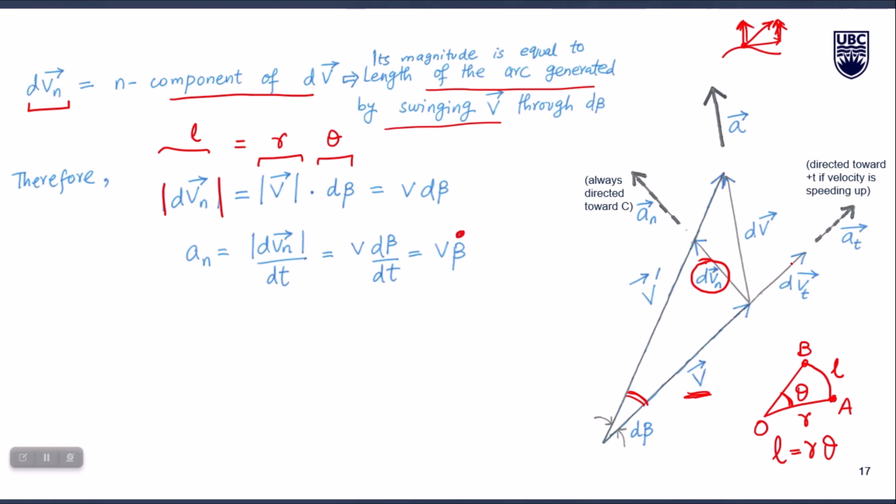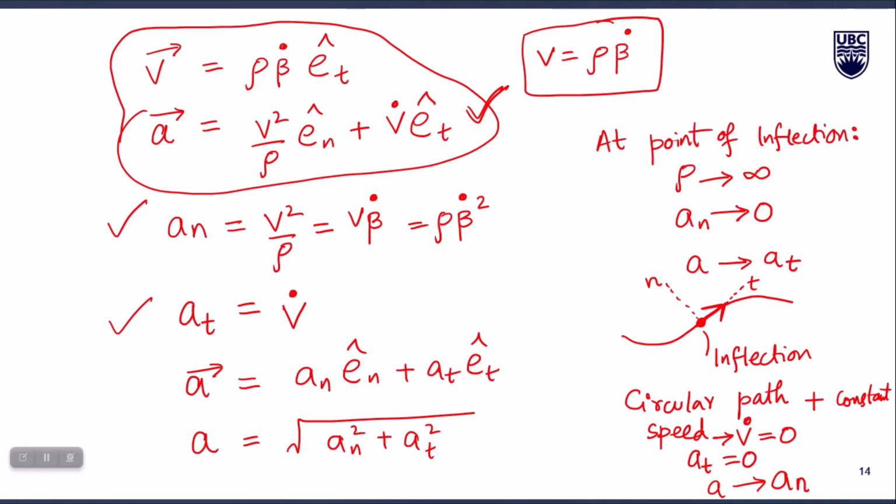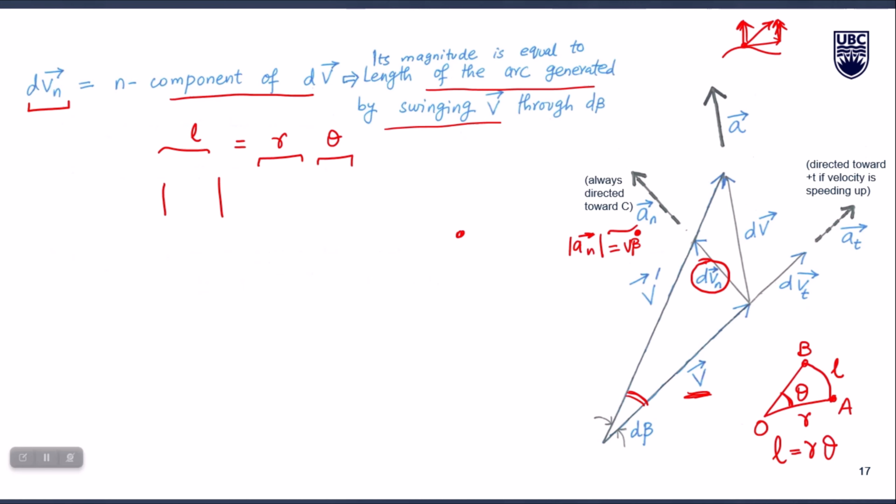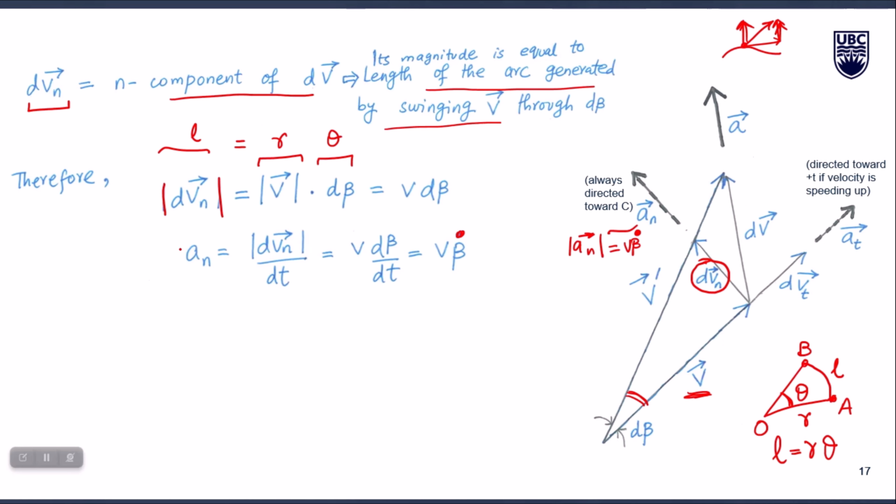So a sub n, this vector, will have a magnitude a sub n equal to v times beta dot, and we have seen it geometrically also now, right? If I go back, you have seen that already, the expression a sub n is equal to v times beta dot. You have seen that before, but now geometrically also you have determined this a sub n, and that is equal to v times beta dot.